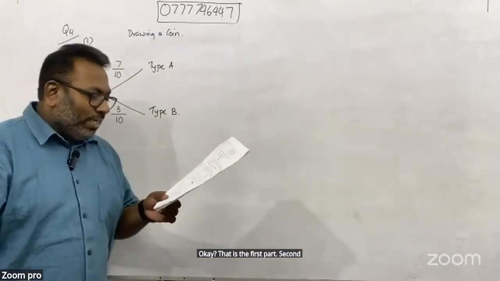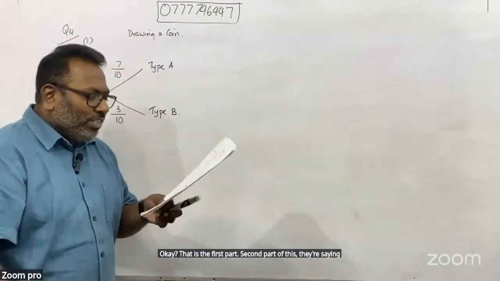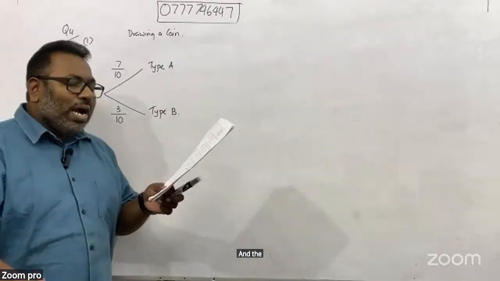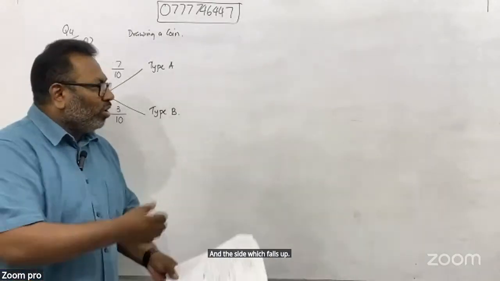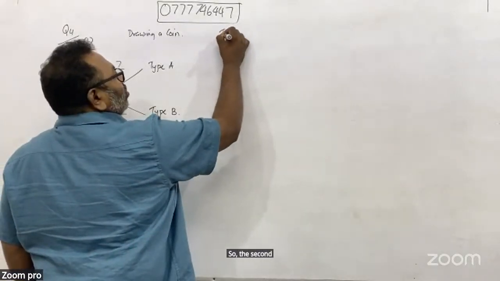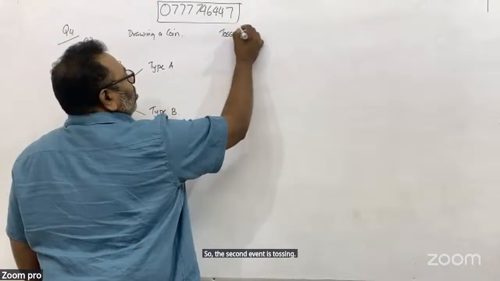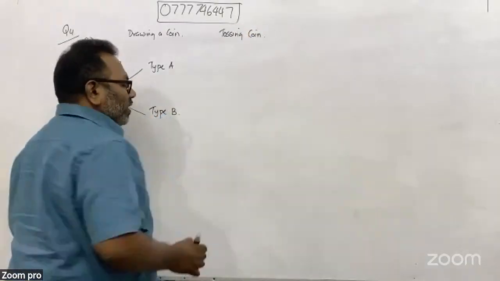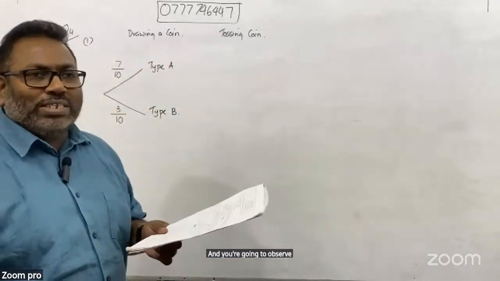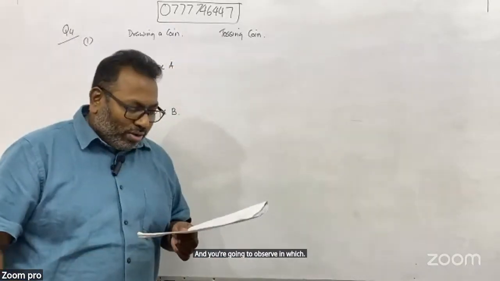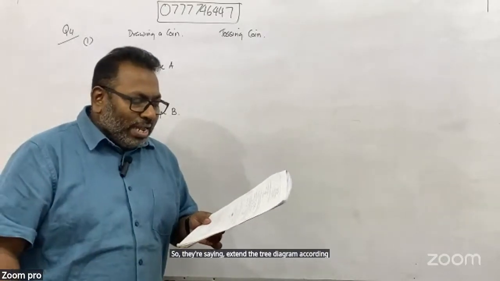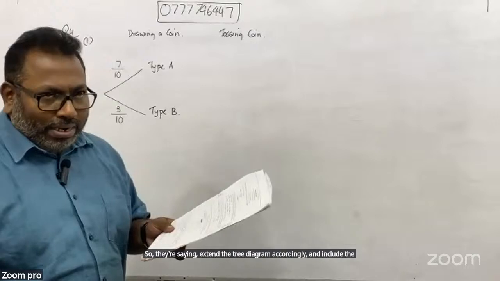Second part of this, they are saying the coin which is drawn is tossed and the side which falls up is observed. So the second event is tossing the coin, and you're going to observe which side it's going to fall. They are saying extend the tree diagram accordingly and include the relevant probabilities.